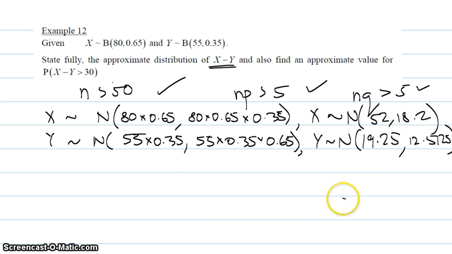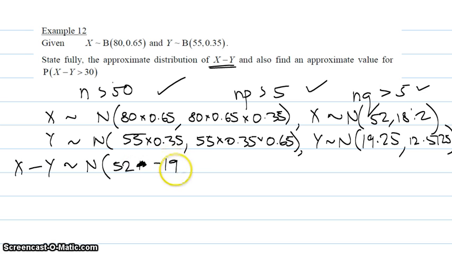These are just approximations, but this gives us a sense of what X and Y may look like. Now that they're both normal, we can talk about the distribution of X minus Y. As we well know, we subtract the means from one another, so 52 minus 19.25, and we add the variances together, so 18.2 plus 12.5125.